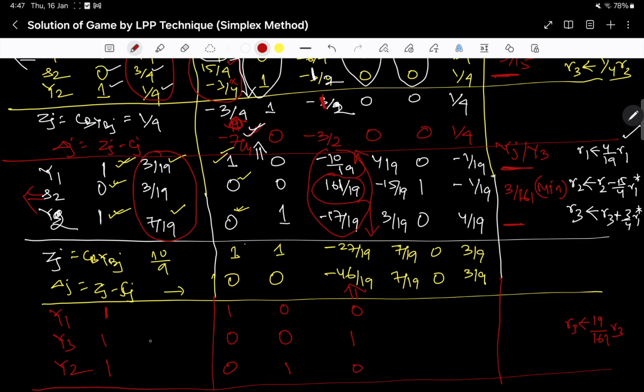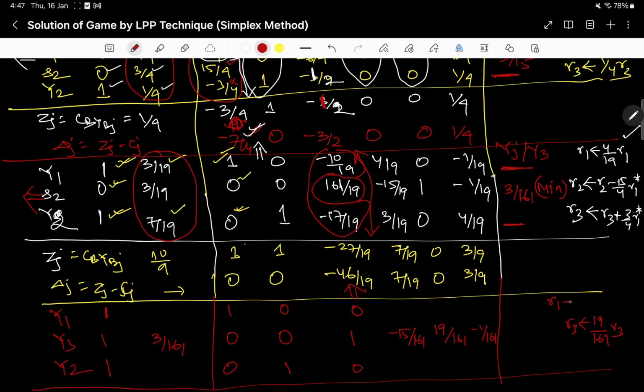So this row will give you 3 by 161, and this position will give you minus 15 by 161. This will give you 19 by 161. This will give you minus 1 by 161, and accordingly I have the row operation here.